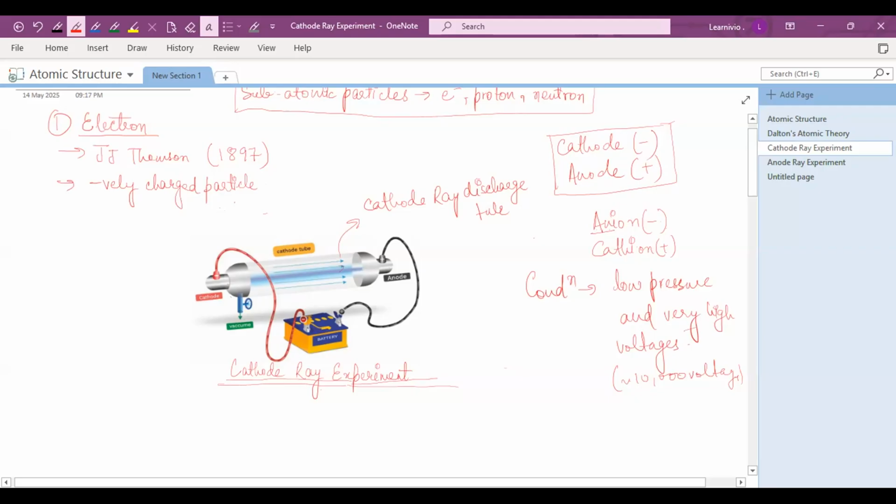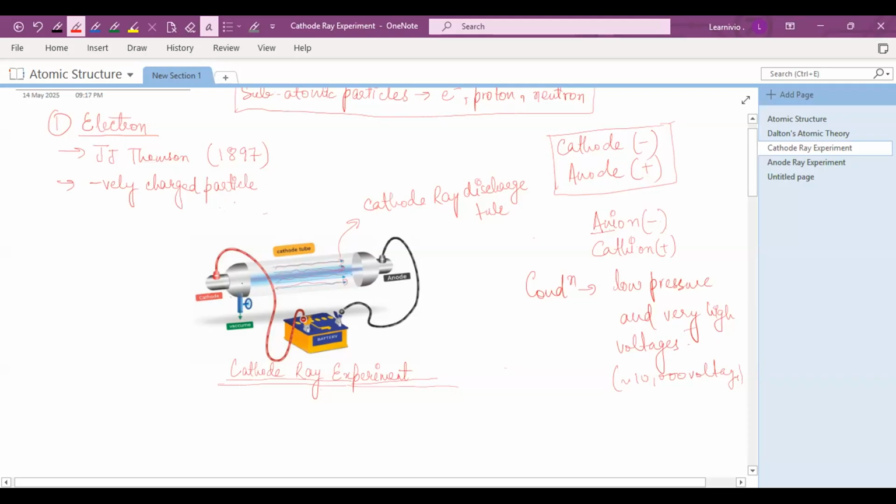The current starts to flow, and the beam of particles, you can see over here, were moving from the cathode to the anode. So these were called cathode rays.